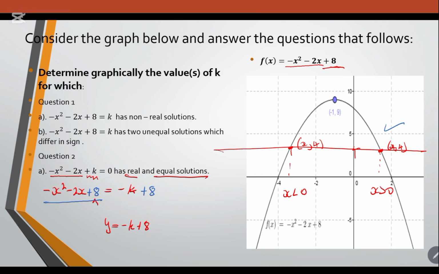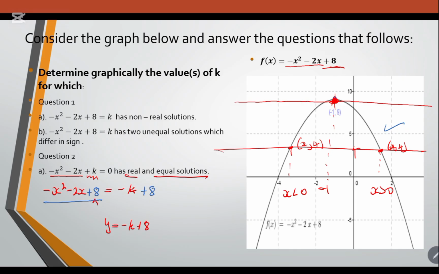Now, what will happen if our constant line passes through the turning point of the graph? At the turning point, our constant line is equal to the value of y of the turning point. Now, there's only one value of x here, that is -1.